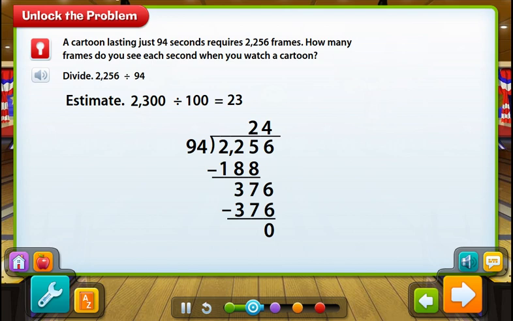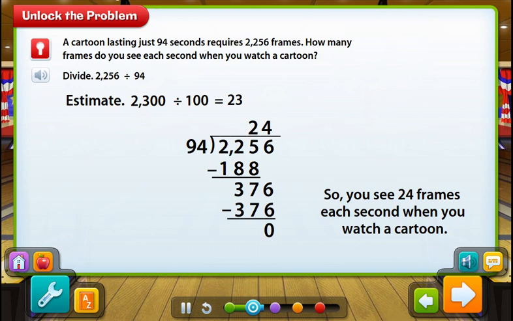The difference between 376 ones and 376 ones is 0 ones, so there is no remainder. The quotient is 24. Now let's check the answer by comparing to the estimate. Since the estimate, 23, is close to 24, so you see 24 frames each second when you watch a cartoon.